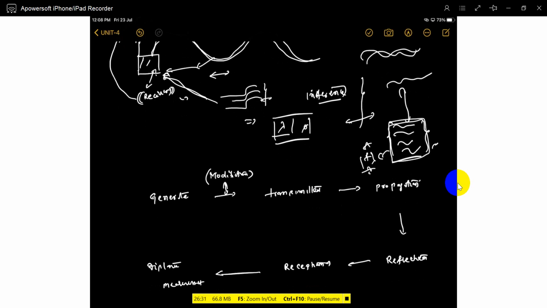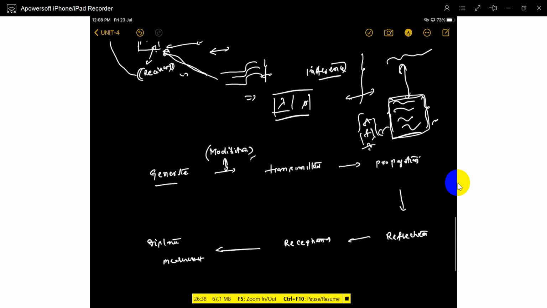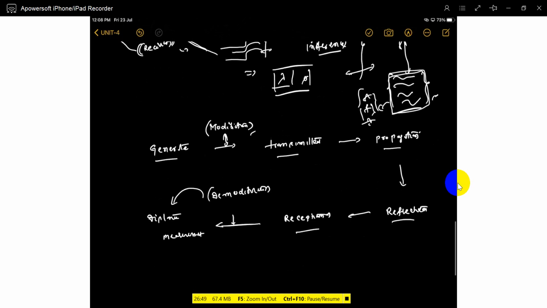We will make our signal far different from these. So we generate the modification, then transmission, propagation, reflection, reception, and then demodification and decoding. These are the things that will happen.